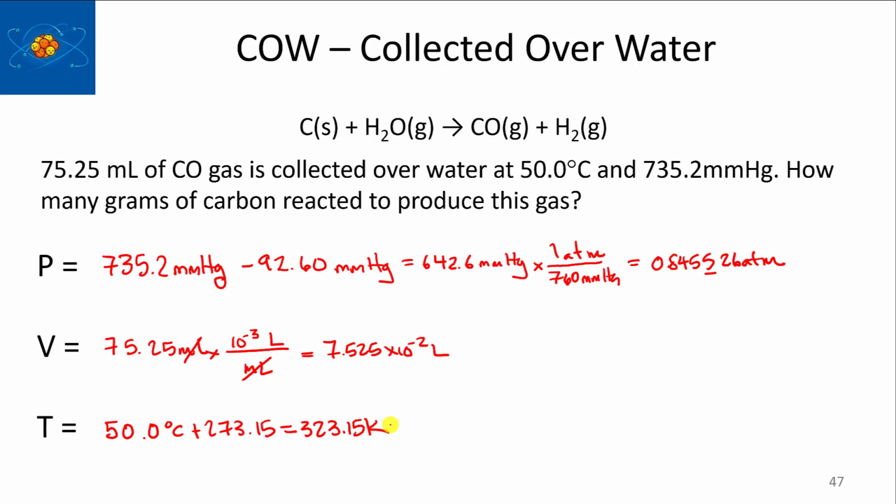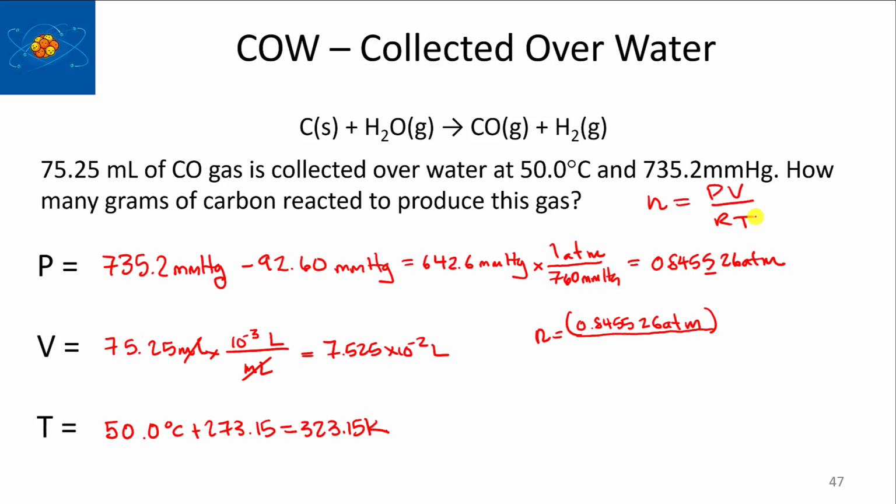Now what I need to do is calculate the number of moles of carbon monoxide. So the moles of carbon monoxide, I'll use the ideal gas law. My pressure is 0.845526 atm. Oh, sorry, I should have given you the equation. n is equal to P times V over RT.